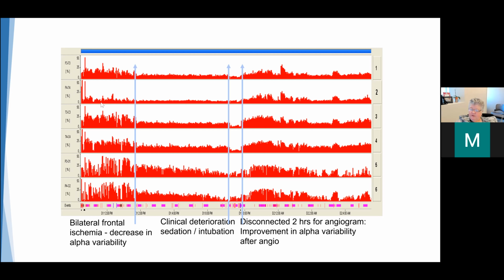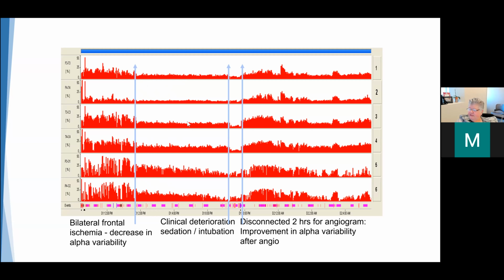And the patient had a small hemorrhage in this region. We thought that that was the cause of this decreased variability. But at this point here, we see a sudden change in the alpha variability, most marked over the frontotemporal regions bilaterally, particularly over that right hemisphere, and lower changes in alpha variability over the rest of the brain.